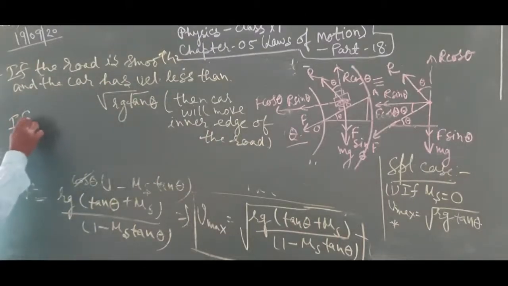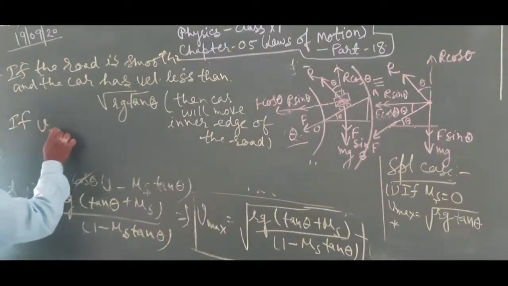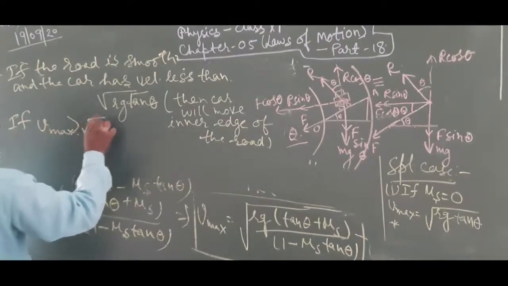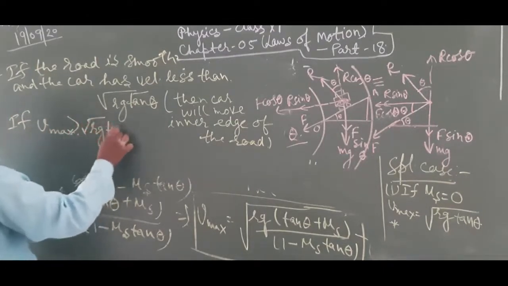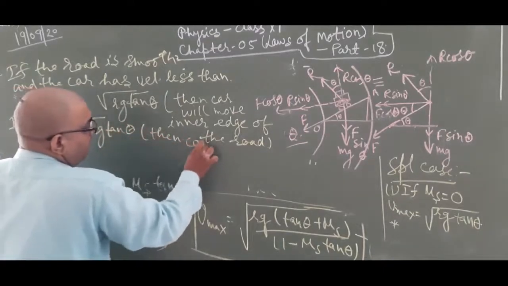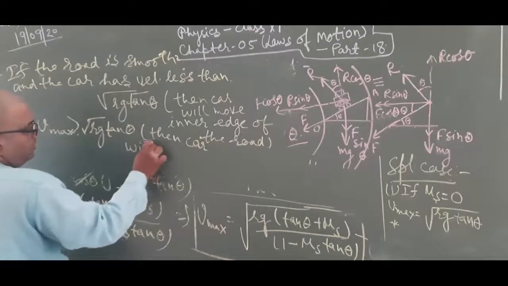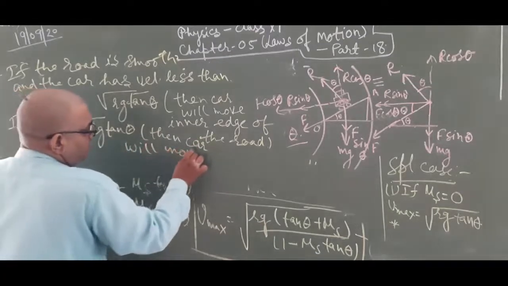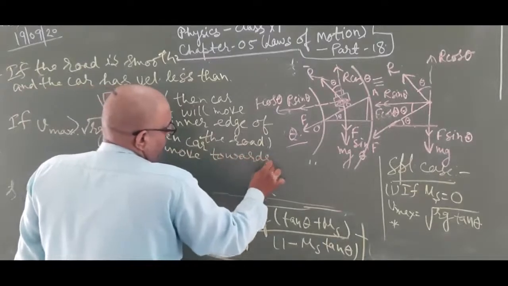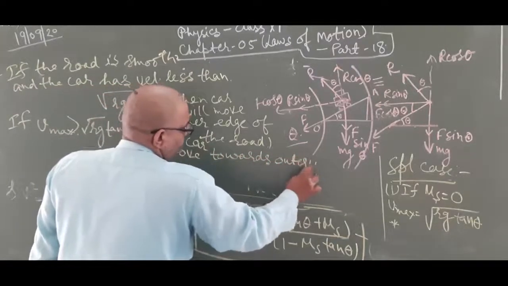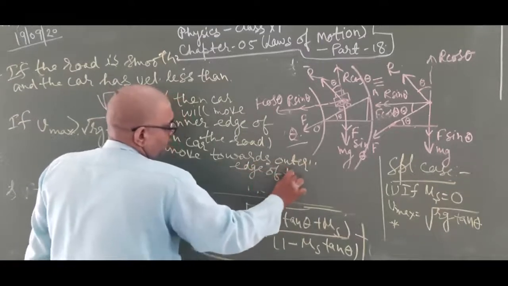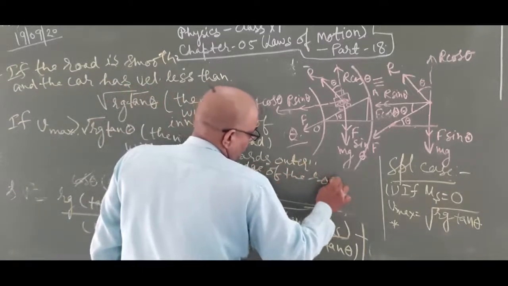And if the velocity is greater than root of Rg tan theta, then the car will move towards the outer edge of the road.